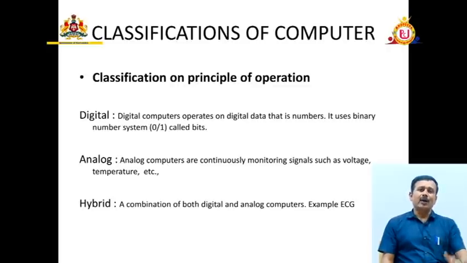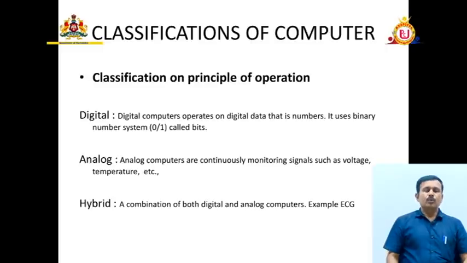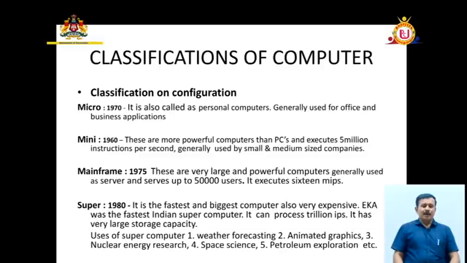So, as I told you, microcomputers are generally used in office and business applications. Here, desktop computers were also introduced. These microcomputers are desktop computers, and even laptops and other types of computers were introduced here.